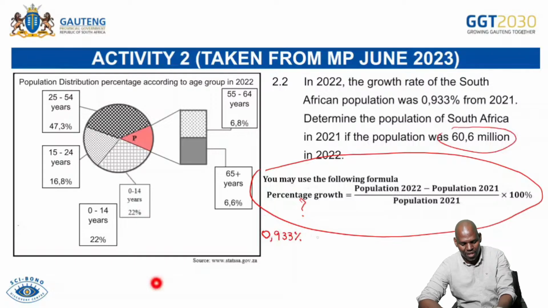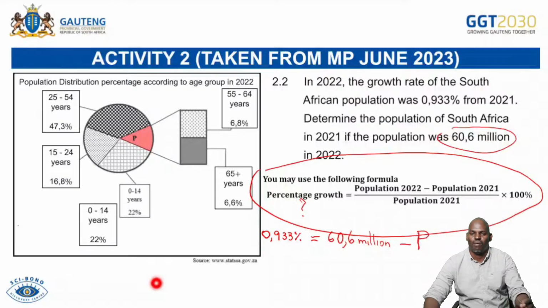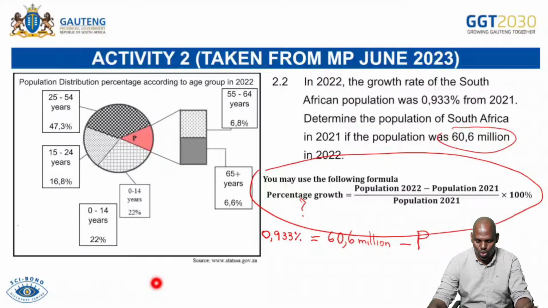Then I say this is equal to, do I know the population in 2022? The population in 2022 is 60.6 million. Then I say minus. I don't know the population in 2021, so let me just leave this one as P. P for population in 2021.